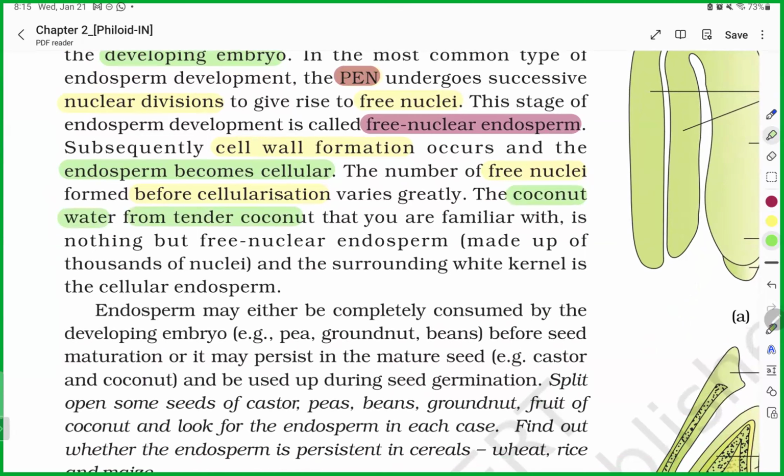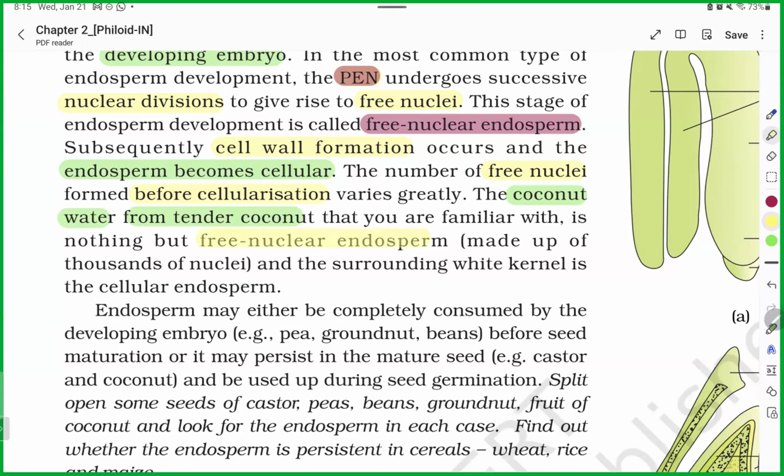No, from tender coconut we get coconut water. Okay, what is that one called, the brown one? Brown one is proper cellular structure because this is the matured one. Coconut water is properly free nuclear endosperm.